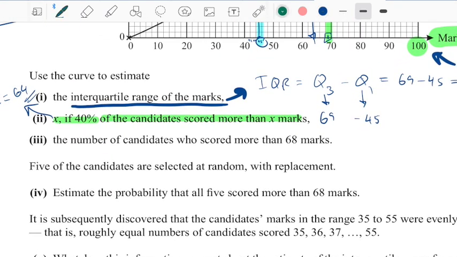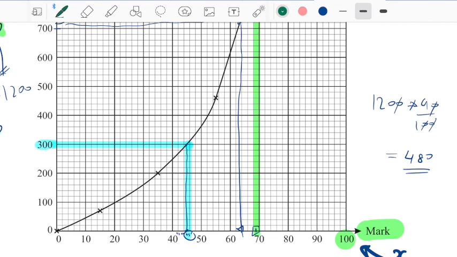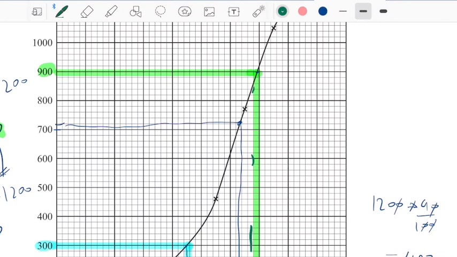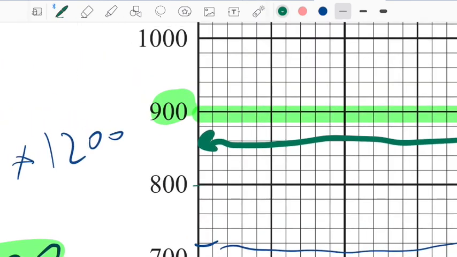The number of candidates who scored more than 68 marks. This is 68 here. So go straight up, you see here, this value. How much is that? Let's zoom in. This is 800, 820, 840, 860.